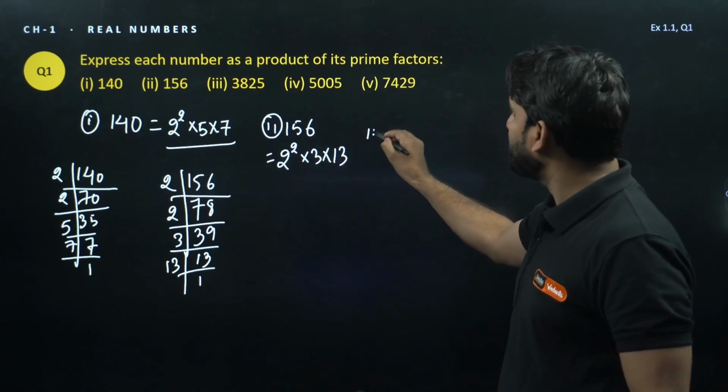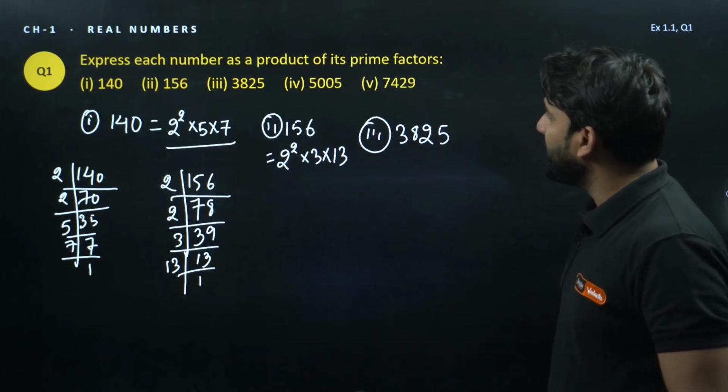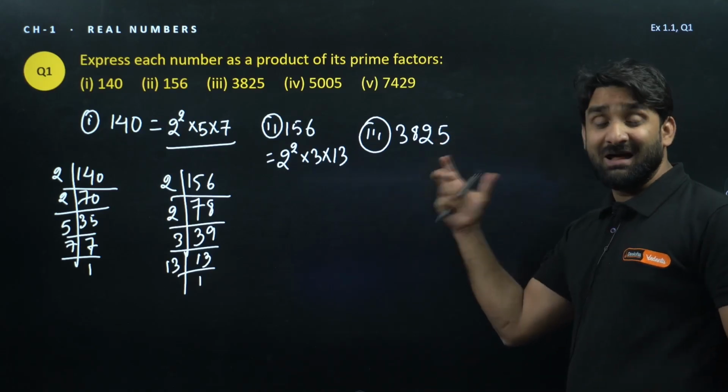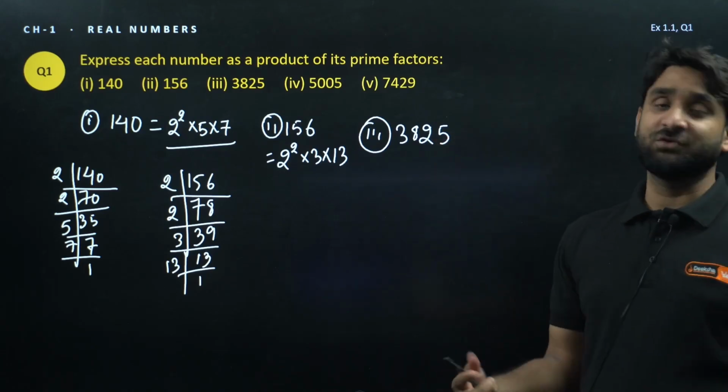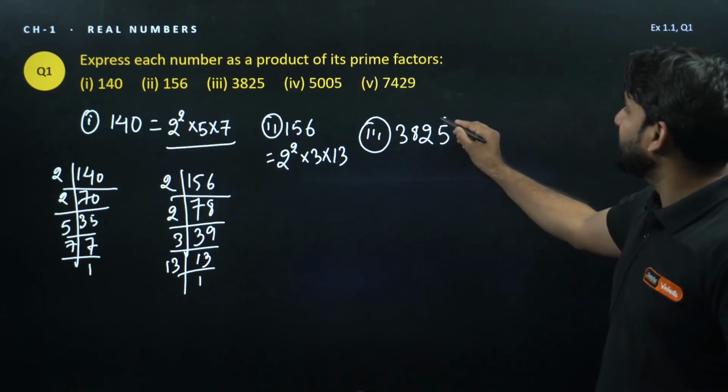Okay. Third question we have: 3825. My dear champion, with bigger numbers, students get confused. Sir, how to divide? Which number should we take? So my dear, look at the last digit.